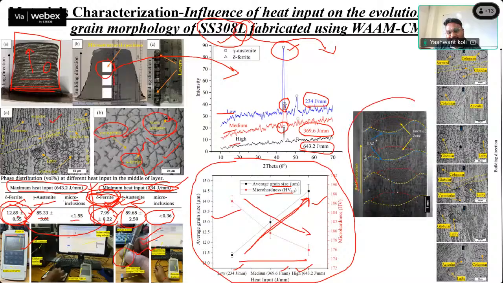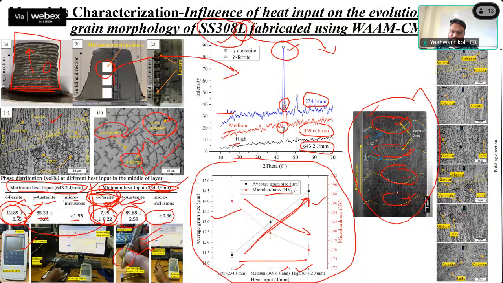So this is the cross-sectional image of this part. You can see this is the fabricated layer, and this is the inner layers, that is the interface zones or HAZs. If we are laying 1, 2, 3, 4, 5 layers, then four inner layers are observed. In every adjacent interlayer, one inner layer will be formed.